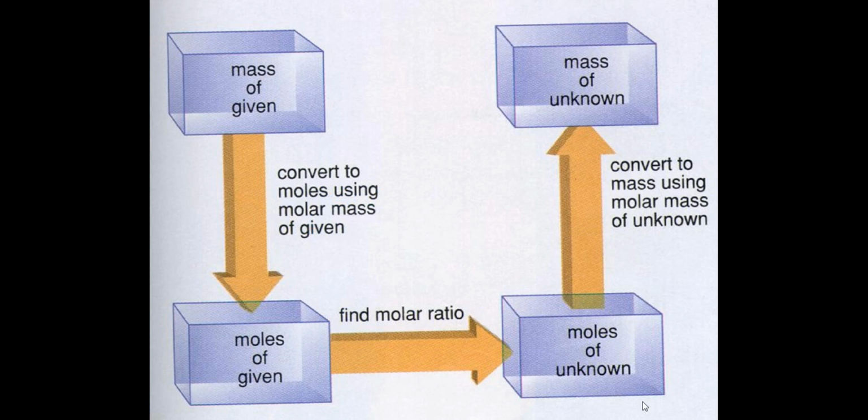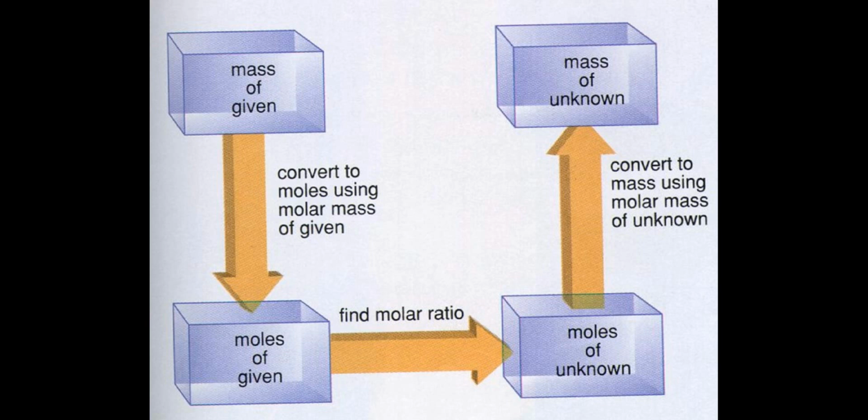Throughout this video, we have done all of these steps, maybe without you knowing. We were given the mass of CH4 and we converted it to moles using the molar mass, which we learned how to get.